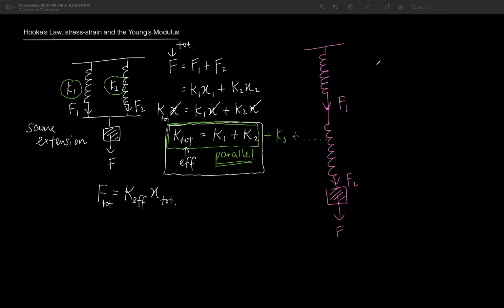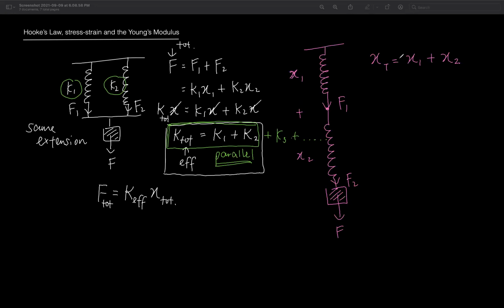Now, what we know about the series, other than the forces, we know the total extension, right? If this has an extension of X1, this has an extension of X2, then total, I just add it up. Remember our level 1, level 2, level 3, we add it up, right? So total extension would be equal to X1 plus X2.